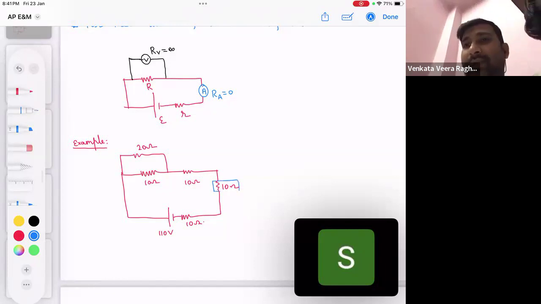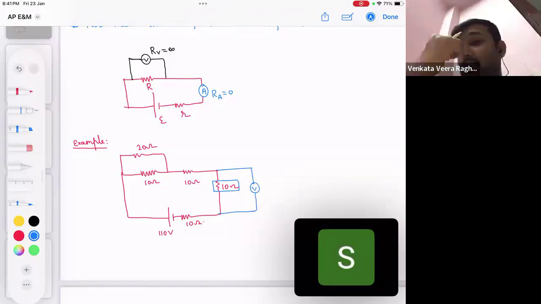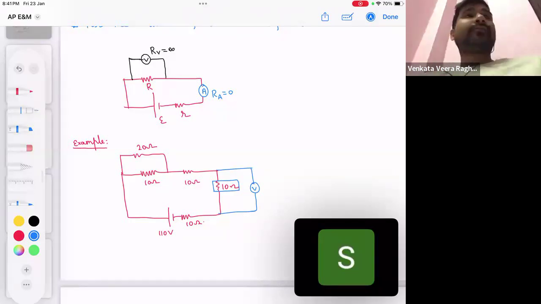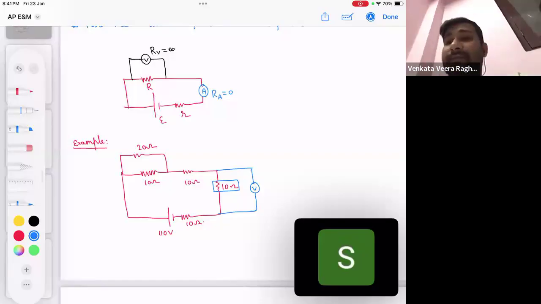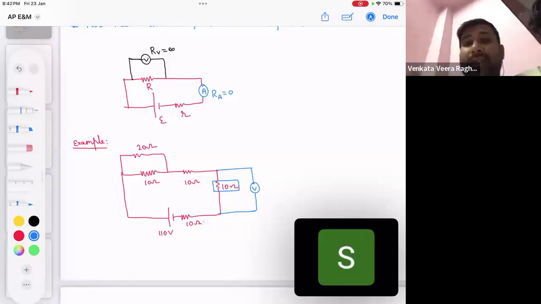I want to know the potential difference, so I will connect a voltmeter. Whatever is the reading of this voltmeter, that will be the potential difference across this 10 ohm resistor.